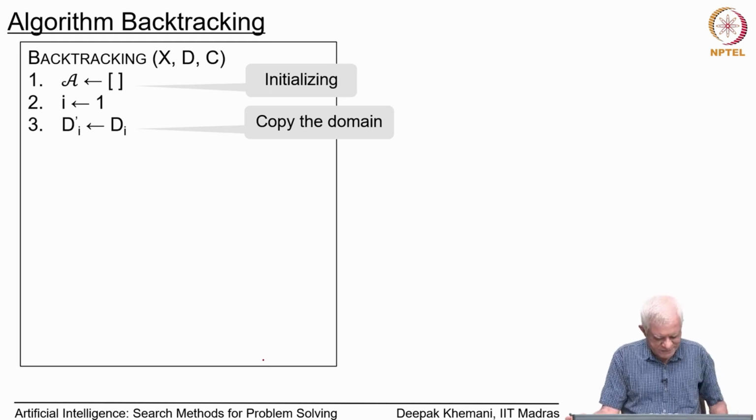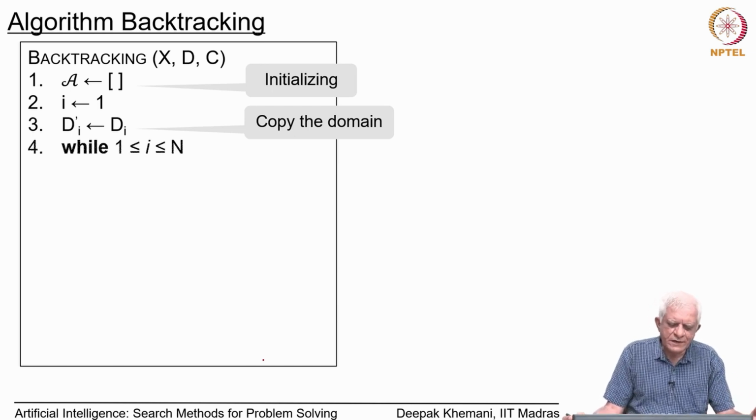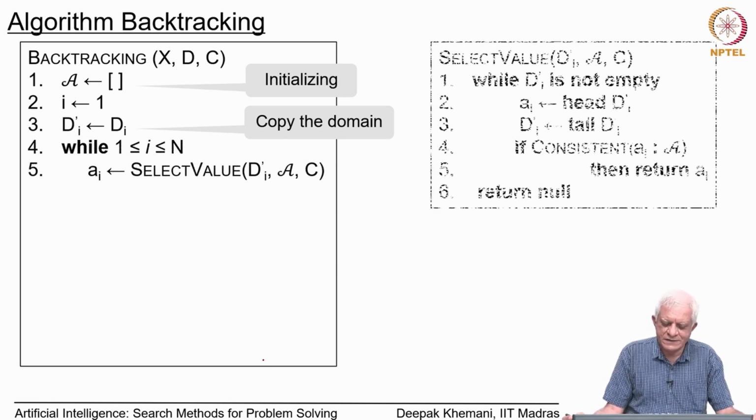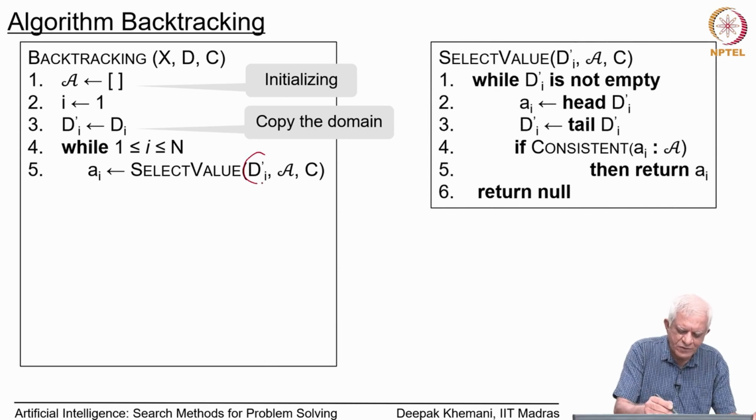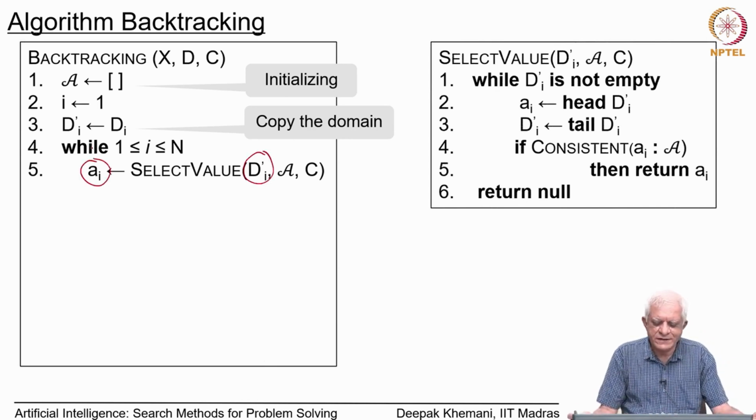So, the original domain Di we retain, we work with a copy Di prime. Then for every variable, as long as i is between 1 and n, we call a function called select value, which looks at the domain of Di and returns some value which we will call ai.